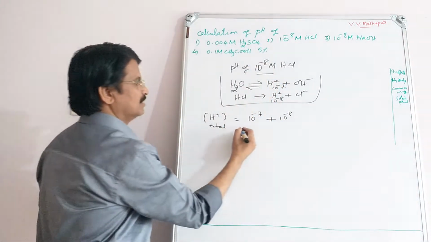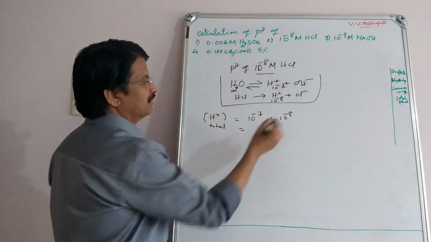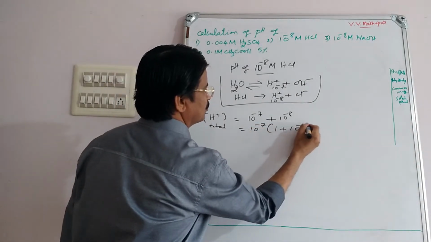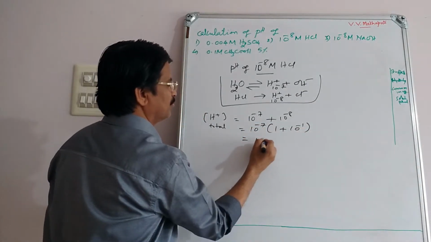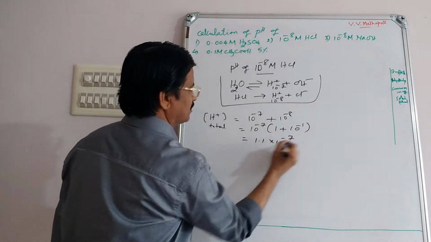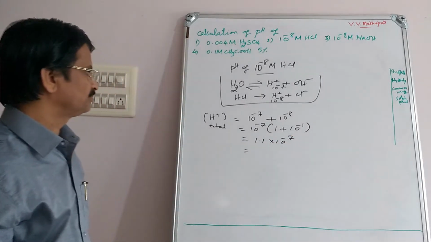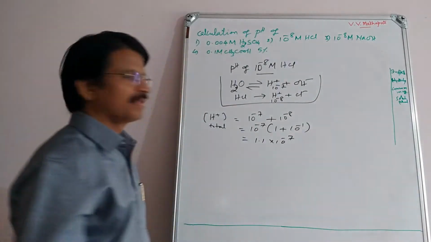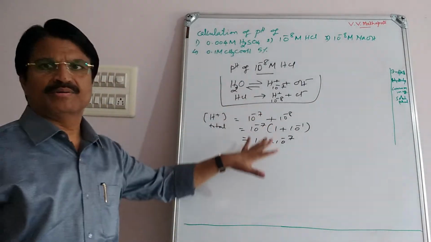Both are added, so there is a sum total. Taking 10 raised to minus 7 common, 1 plus 0.1, we get 1.1 into 10 raised to minus 7. This is H plus. This is how we have to find it.